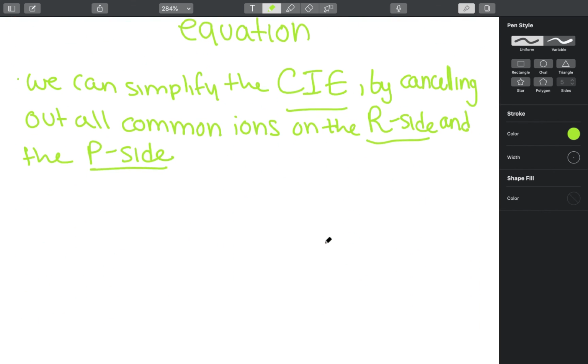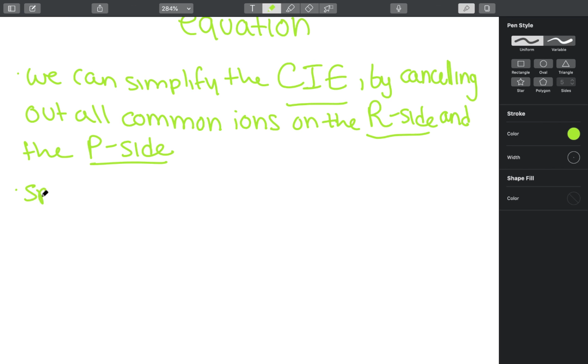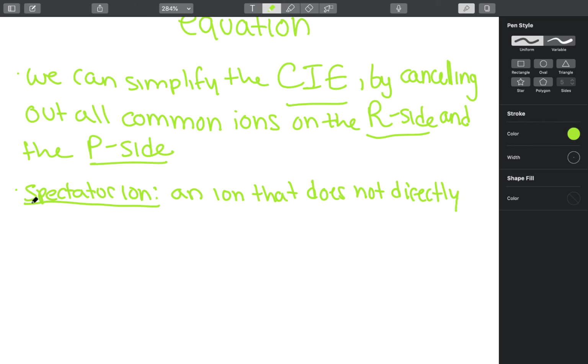So what is a spectator ion? A spectator ion is an ion that does not directly participate in the reaction. So it is an ion that does not directly participate in the reaction.